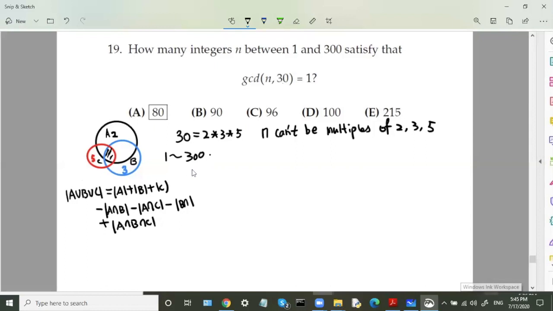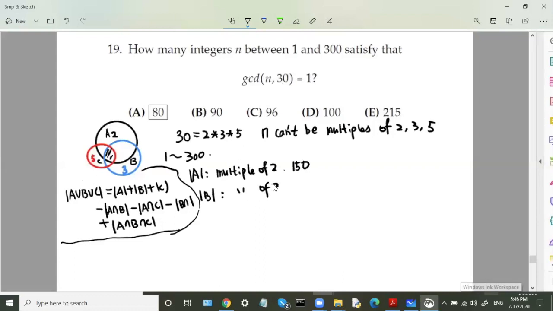So let's count A first. A is the multiples of 2 between 1 to 300, which is 150. Then B is the multiples of 3, so 100.